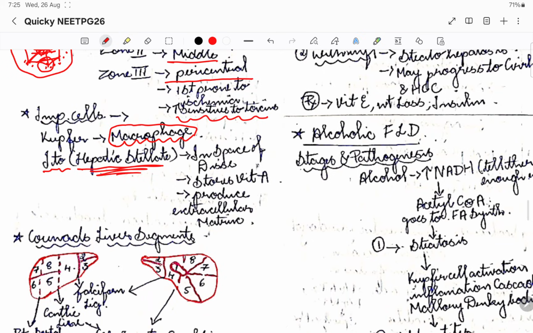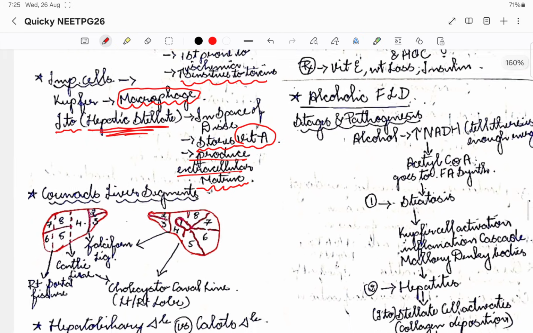Here the Ito cells are present. The major function of Ito cells is storing vitamin A and producing extracellular matrix. I'll tell you the clinical significance of it when we move on.